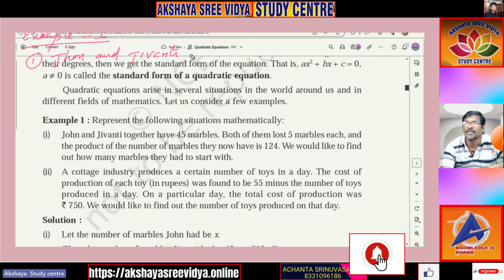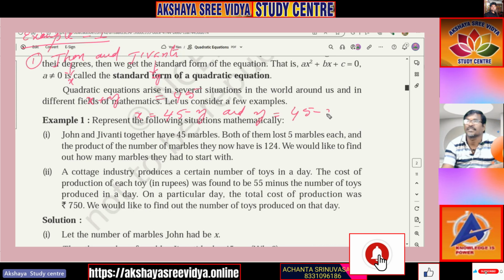Let this be x and this be y. Therefore, x plus y is equal to 45, x is equal to 45 minus y, and y is equal to 45 minus x.